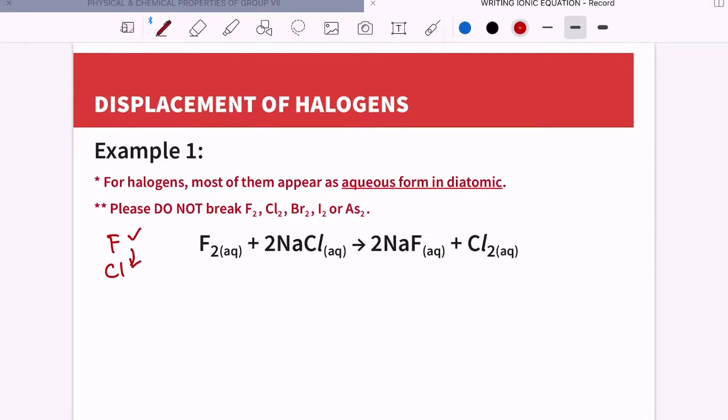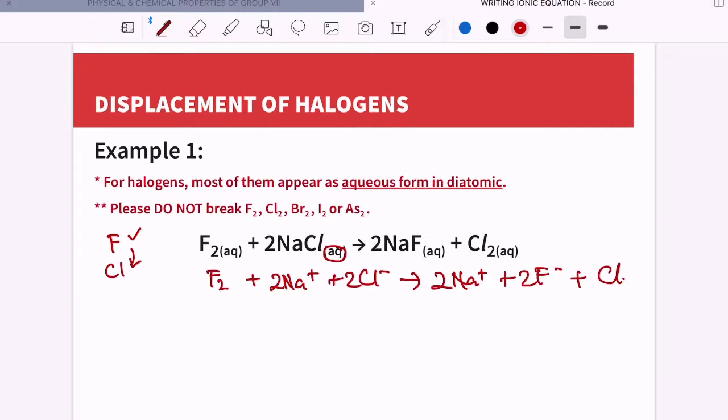so let's start to write the ionic equation. Fluorine F2 plus this aqueous sodium chloride, so you break it to ionic form, 2Na+ and 2Cl- to form 2Na+ and 2F- plus chlorine.